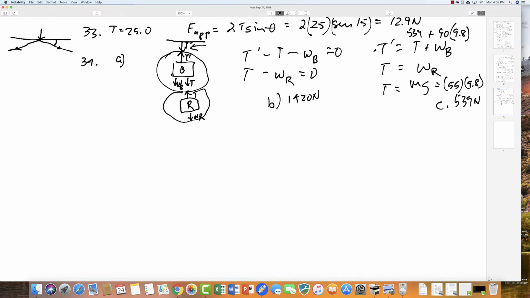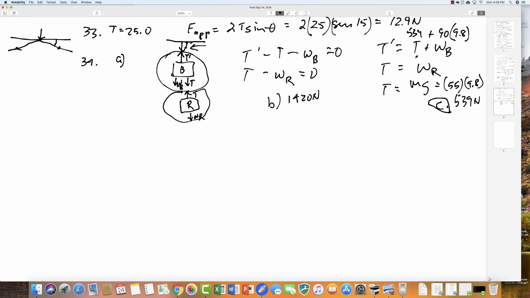So that means that T prime, if we solve this for T prime, we get T plus the weight of the superhero. If we solve this for T, we get the weight of the trusty sidekick. And we can go ahead and substitute mass times gravity to find the weight of the trusty sidekick, and that will equal 55 times 9.8, or 539 newtons. And that's actually the answer to part C.